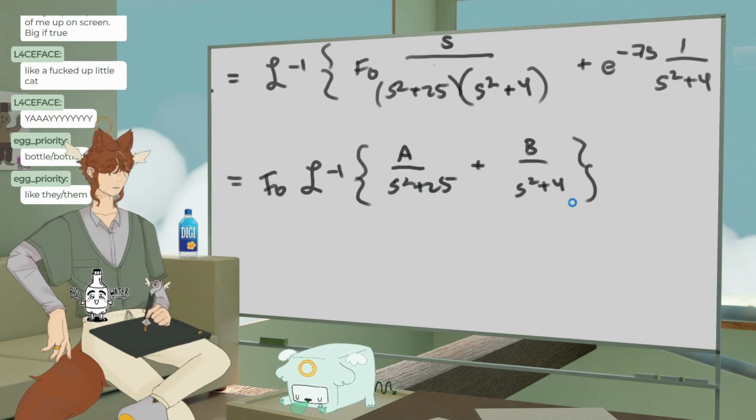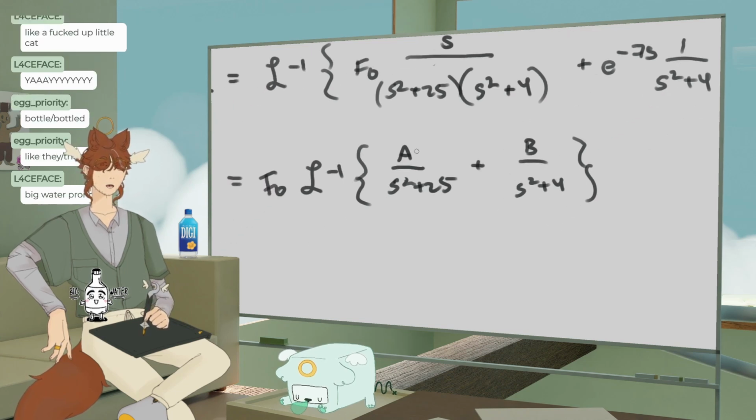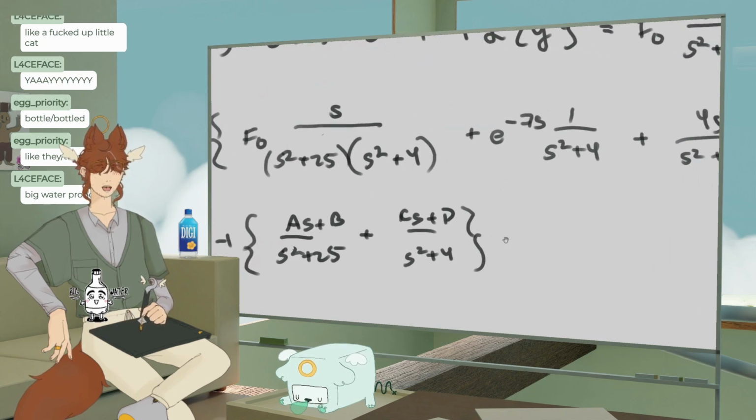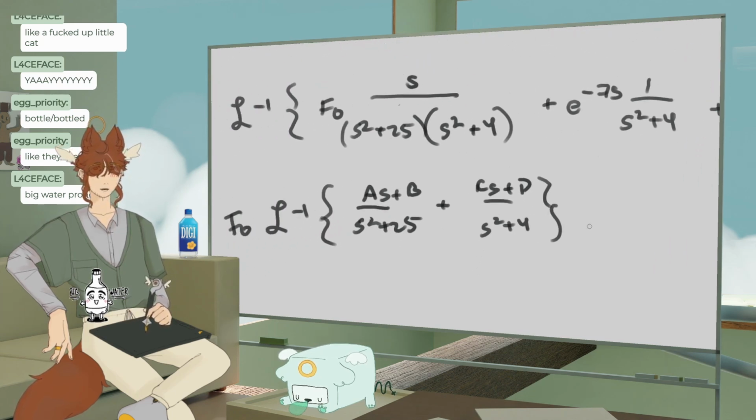I think it's gonna be AS plus B, and this one is BS plus C. Or no, sorry, CS plus D. Oh, bottled? Big water pronoun. Oh yeah. I was like, what is happening? What do you mean?